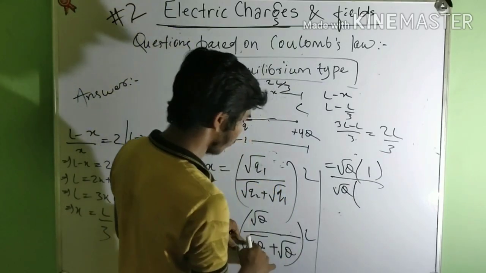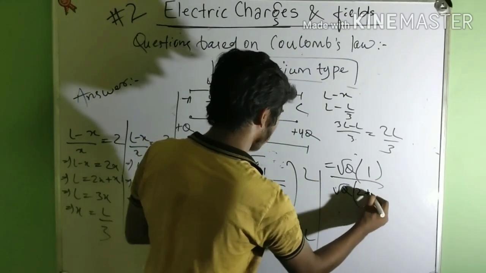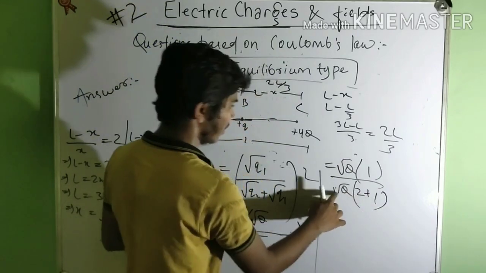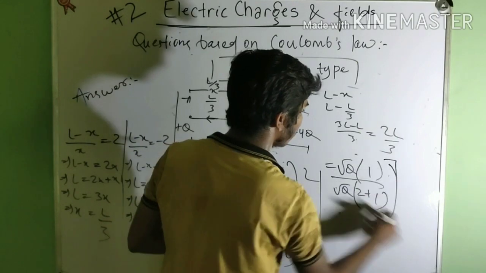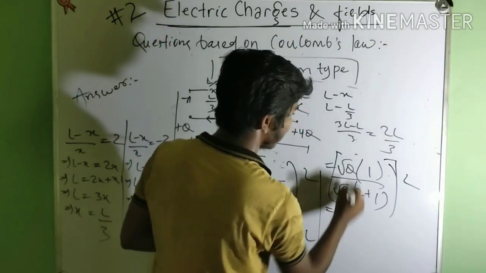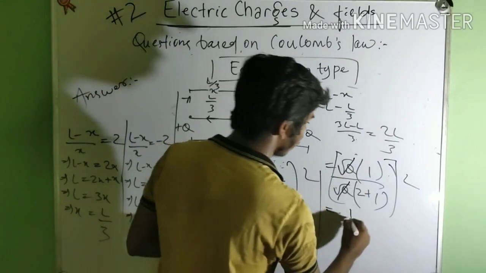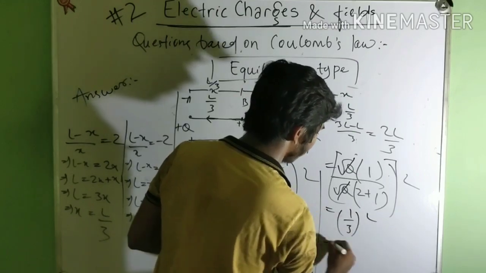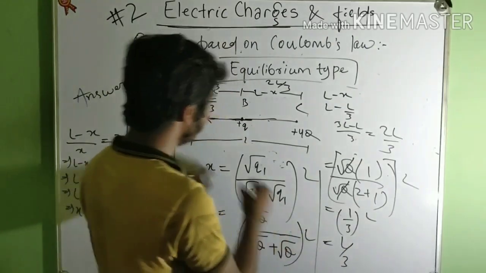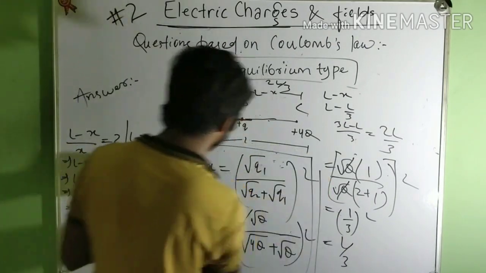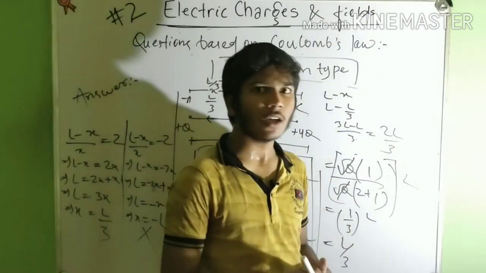What is left? Root over of 4 is 2, plus 1, root over q is common, whole into L. Root over q cancels, 1 by 3 whole into L. That means L by 3. What is your answer? Matching or not? This is a simple and easy trick which you will apply in the competitive exams.